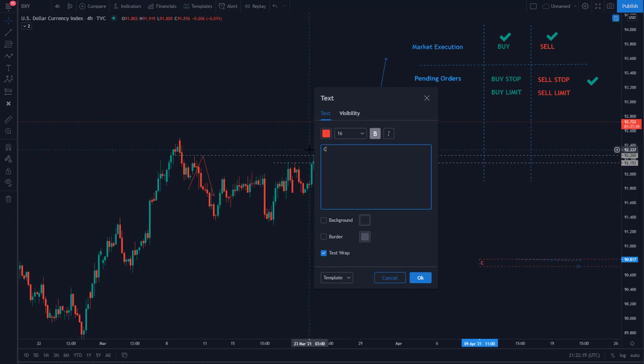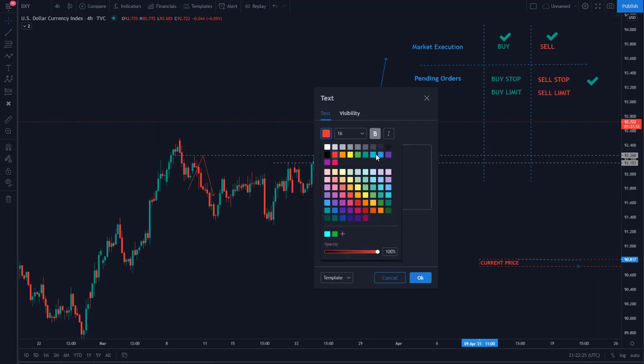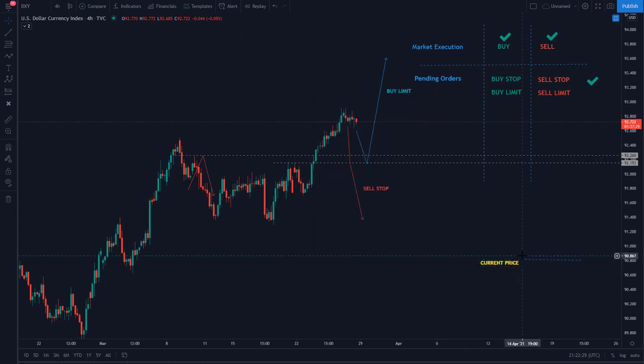This here is your current price. And let's make this yellow. Okay, so let's assume this is your current price. Market execution buy means you're buying at this price right now. Market execution sell means you're selling at this price right now.